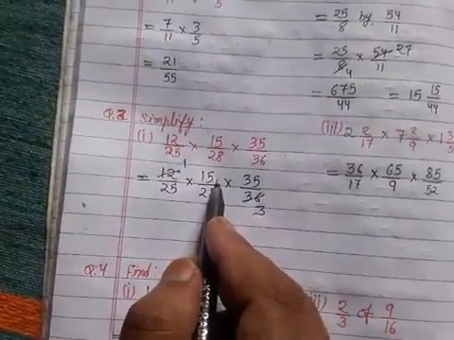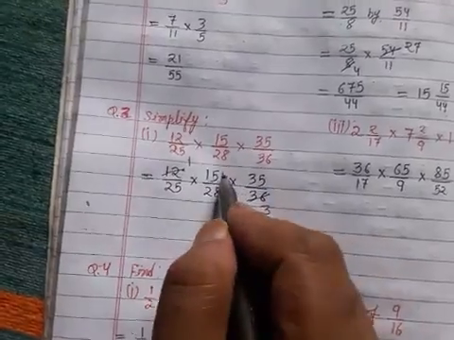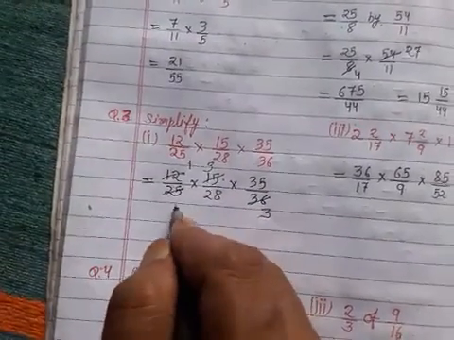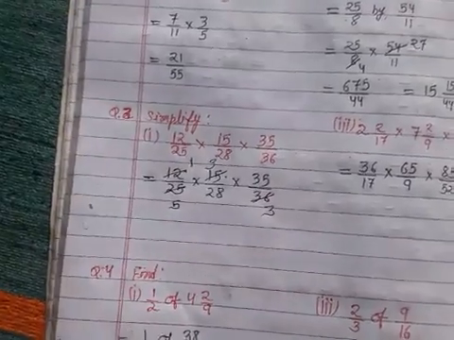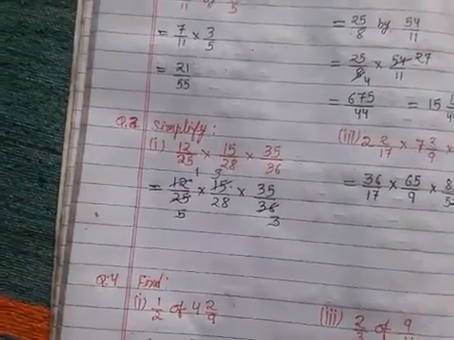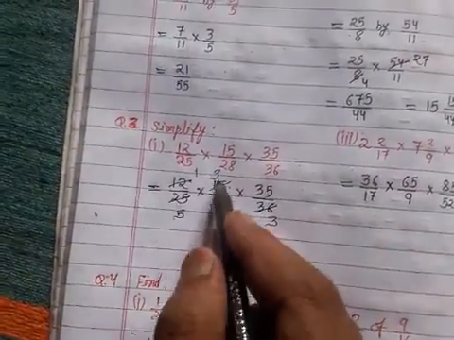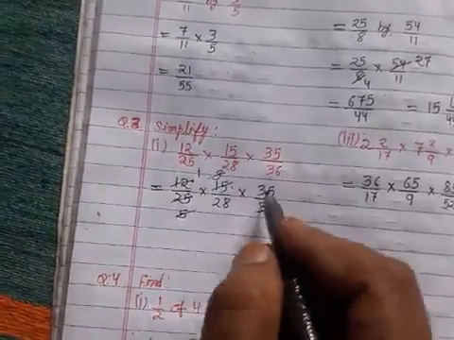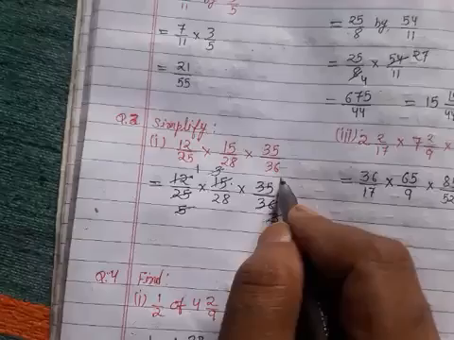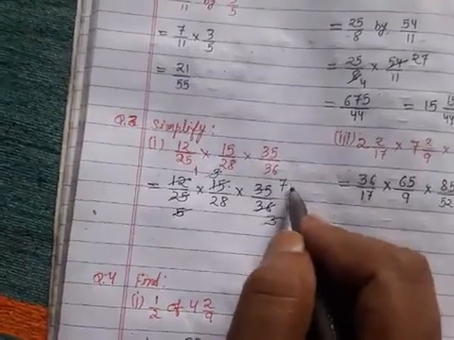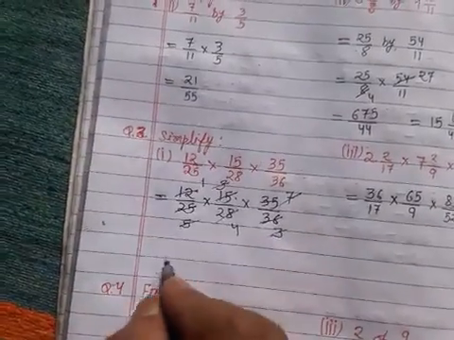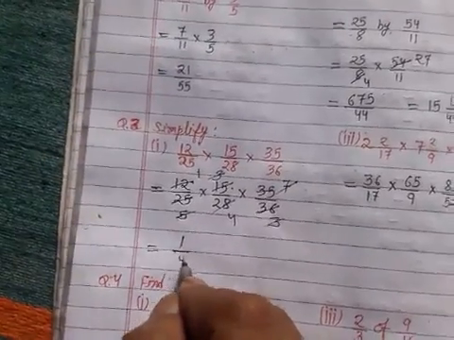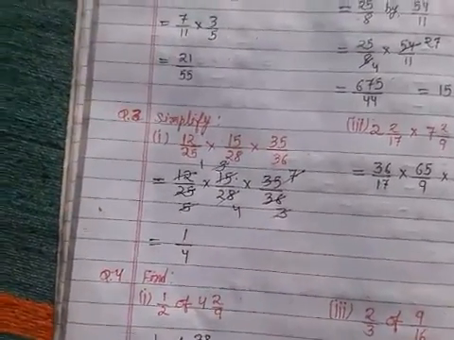Now here 5 1 is 5, 5 3s are 15, 5 5s are 25, okay. 3 3s also cancel. 5 1 is 5, 5 7s are 35 and 7 4s are 28. So the result is in the numerator 1 and in the denominator 4. The result is 1 by 4.